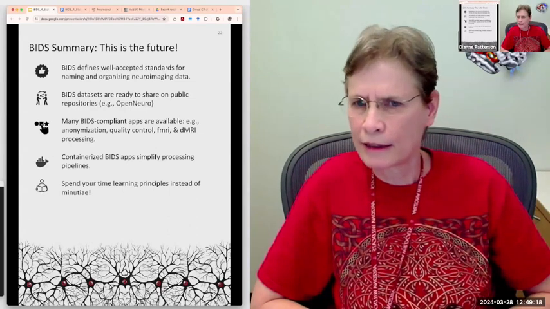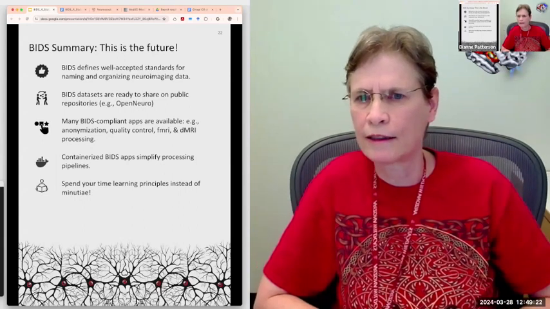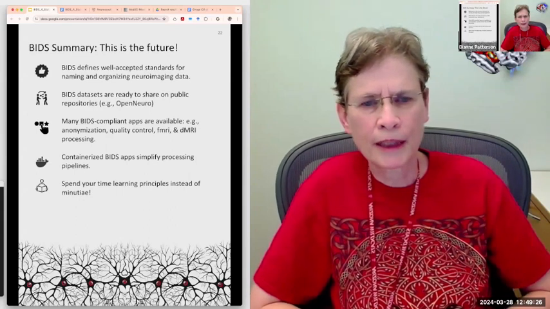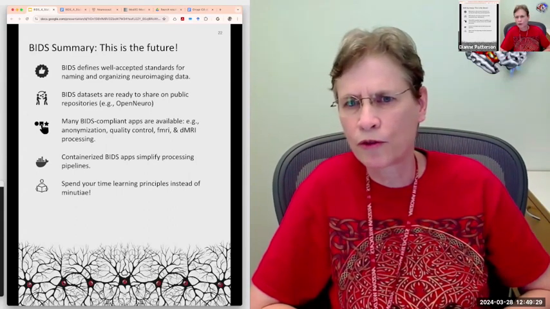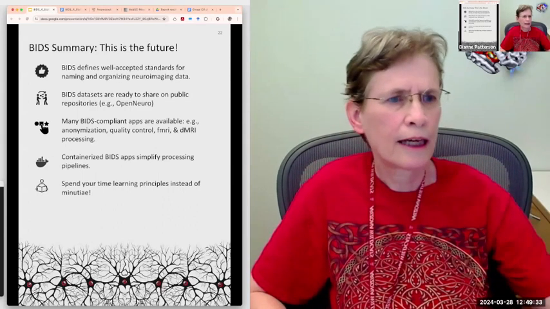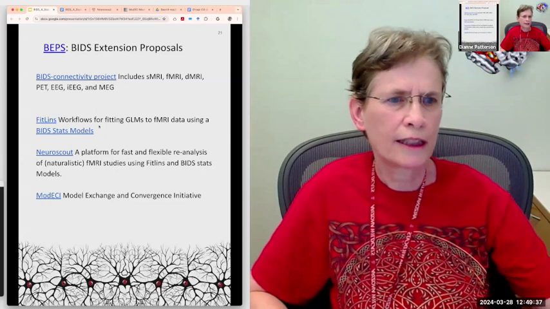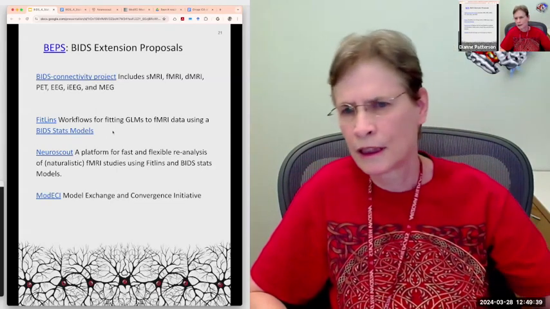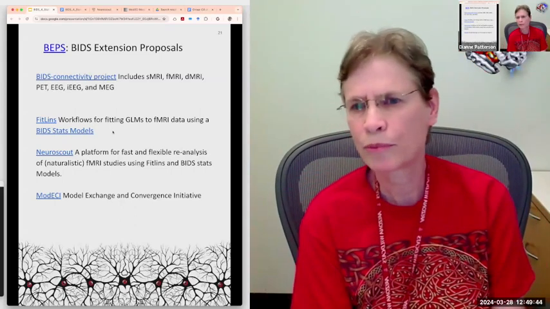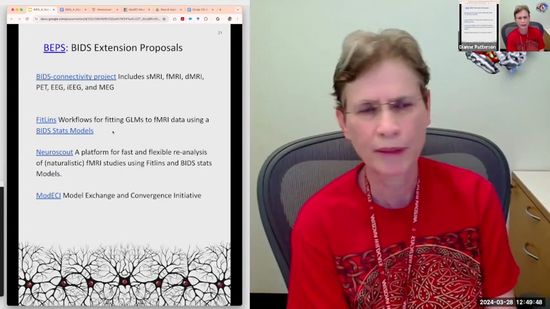That's coming. That certainly hasn't been their main focus to this point. The focus has been getting the solid pre-processing done. But there is a BIDS extension proposal for how the derivatives should be organized, and beyond that, there is FitLens and the BIDS Stats Model. I have not tried these, but these come out of the Poldrack lab. They pretty much assume that you have run fMRIPrep to prepare the data.